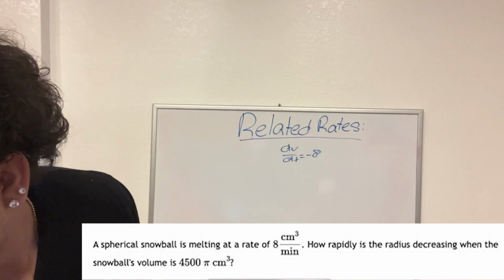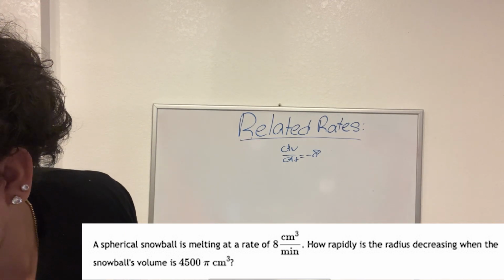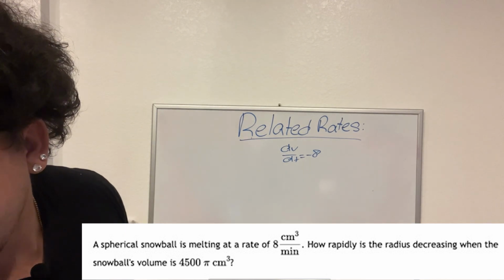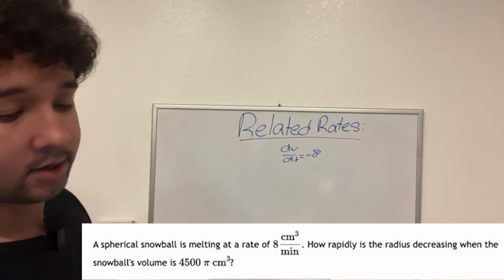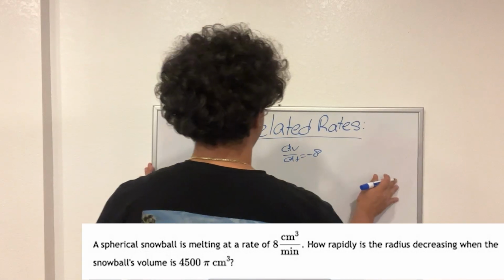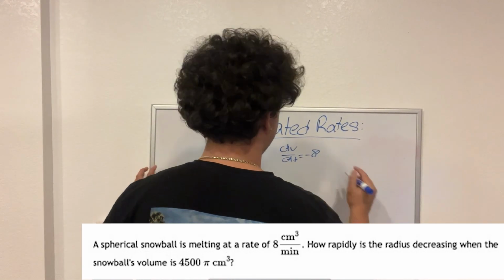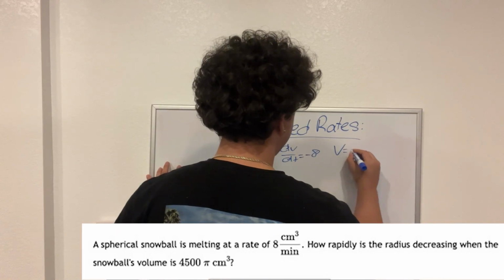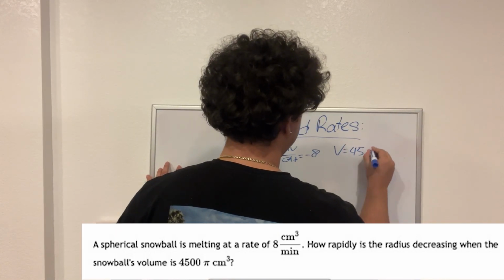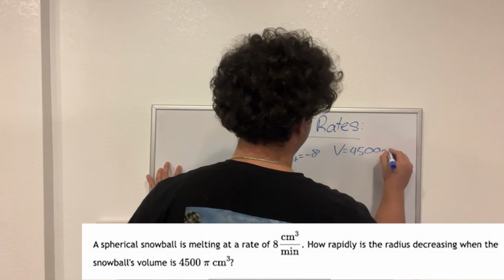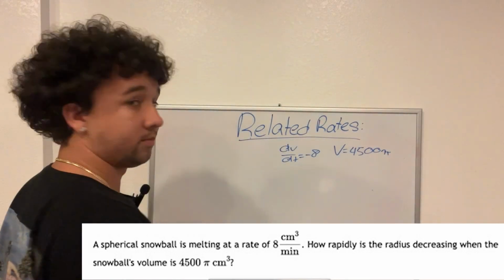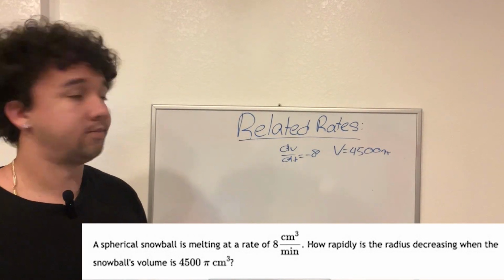Now, how rapidly is the radius decreasing when the snowball's volume is 4,500 pi centimeters cubed? So volume is equal to 4,500 pi. All right, now what do I have to do?